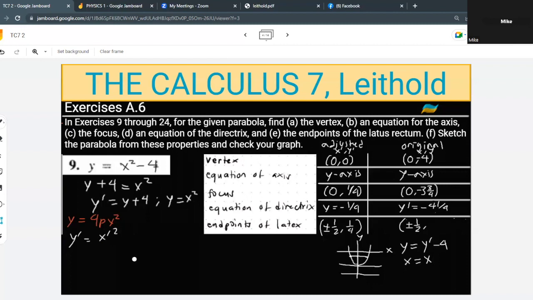Okay, so 4p is equal to 1, so p is equal to 1/4. So yung vertex in the primed axis is 0, 0. Yung equation ng axis is x prime equals 0. So the axis of symmetry is x prime equals 0.